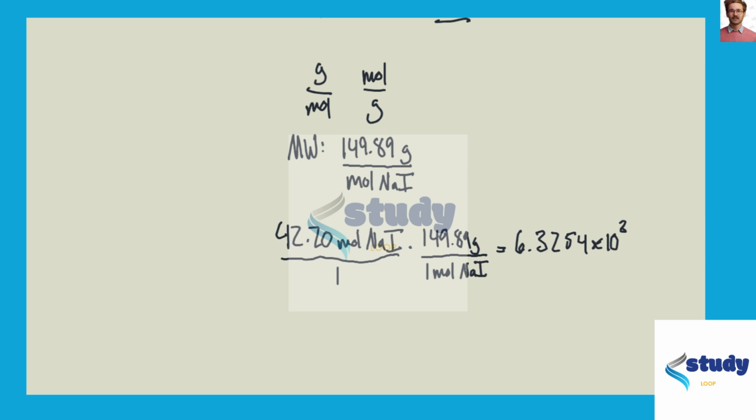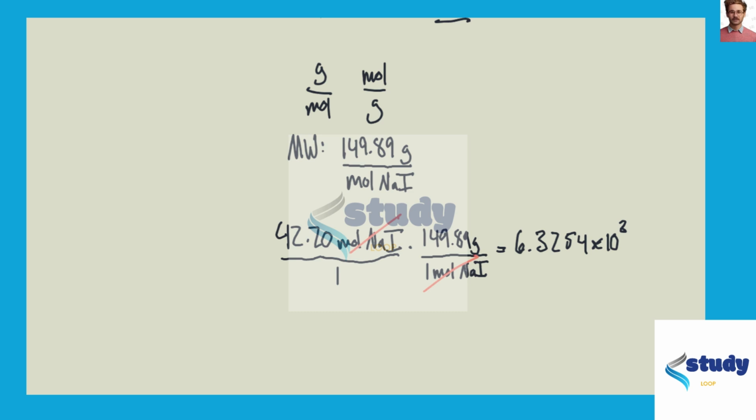Okay, and then if we look at our next factor, we have 1 mole sodium iodide in the denominator. And whenever we see units in the numerator multiplied by those same units in the denominator, we can cancel them, right? So we won't have moles of sodium iodide in our final answer.